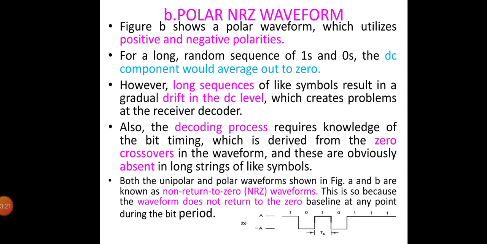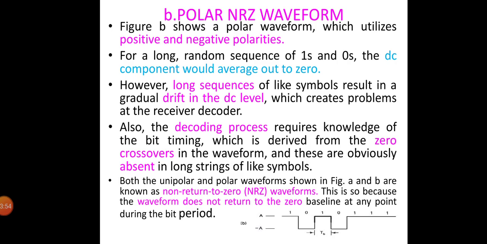The next diagram shows a polar waveform, which utilizes the positive and negative polarities. In Europe, this is referred to as a bipolar waveform, but the term bipolar in North American usage is reserved for a specific waveform. For a long and random sequence of ones and zeros, the DC component would average out to be 0. However, long sequences of like symbols result in a gradual drift in the DC level, which creates problems at the receiver decoder.